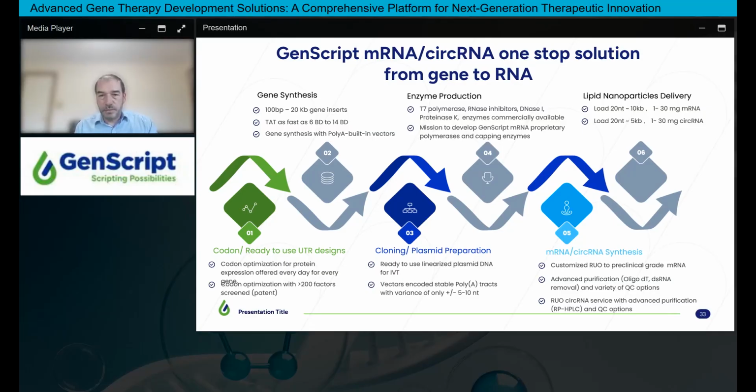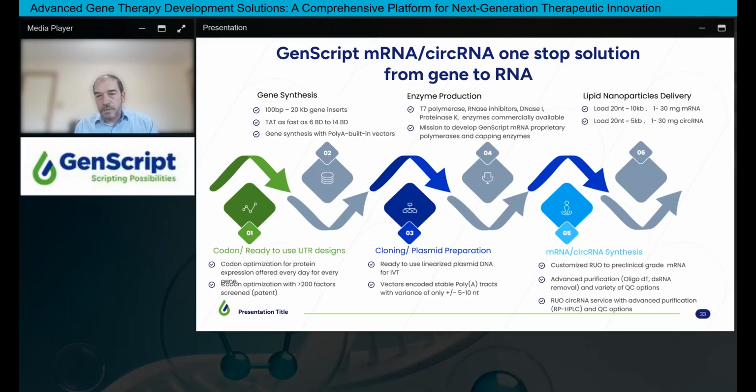We can start with codon optimization. We have ready-to-use UTR designs that we can offer, or we can use the customer's preferred UTR regions. We can do gene synthesis from small to very large genes very fast and efficiently, within a week.